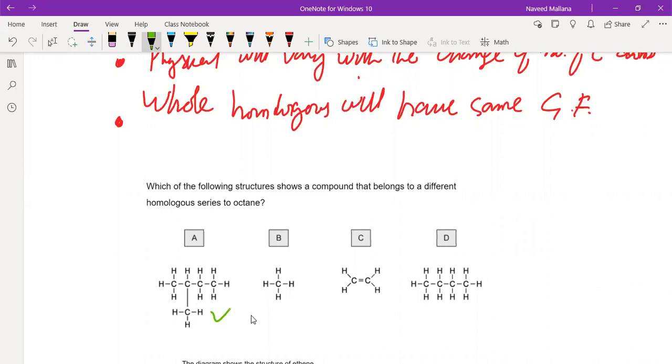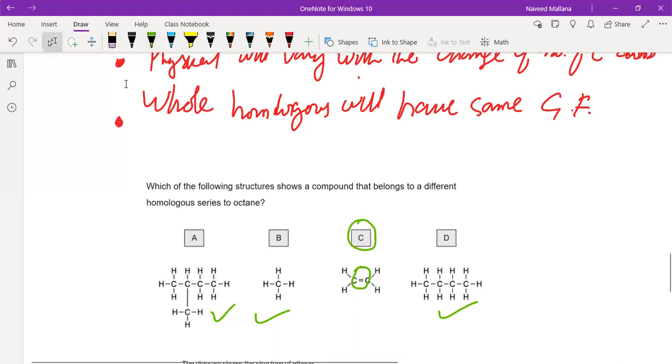These two are from same homologous series. This is also from this homologous series because all the carbon contain single bond between each other. While in this compound, these two carbon contain carbon-carbon double bond. So this will be the answer of our question.